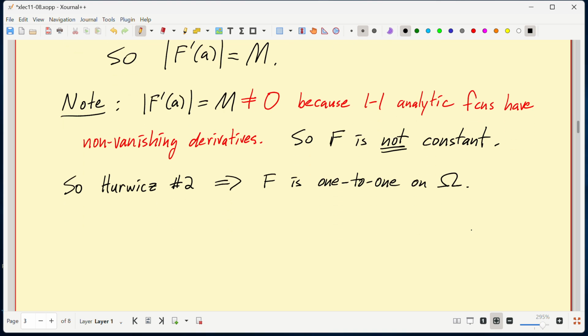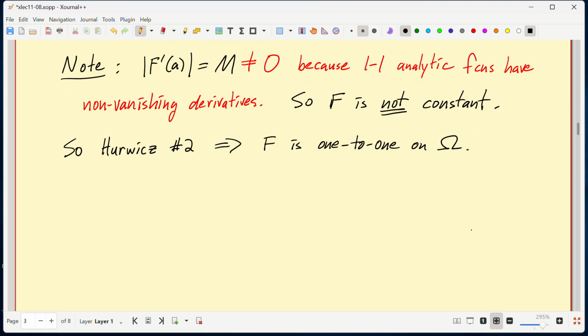I claim that, let's see, so this is step 4. I claim that F is actually in script F. Let's see, we know that F is one-to-one. We know it's analytic. What we don't know yet is that it maps into the unit disk.